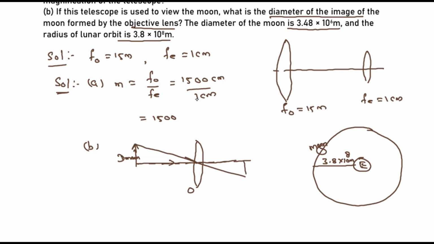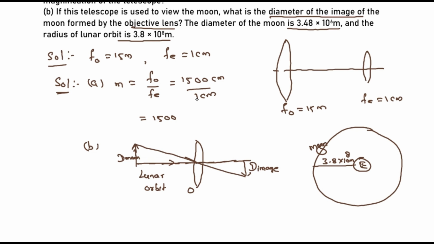And its image is forming here. This is the diameter of the image and this is the lunar orbit. So this value is, suppose say, if you are taking lunar orbit, this is 3.8 into 10 power 8 meters.